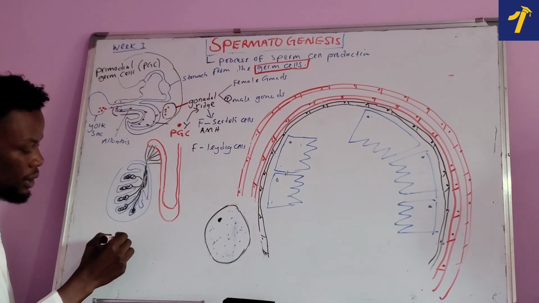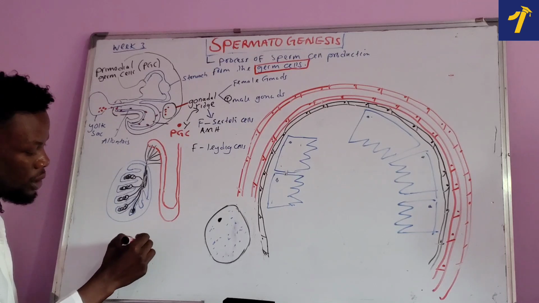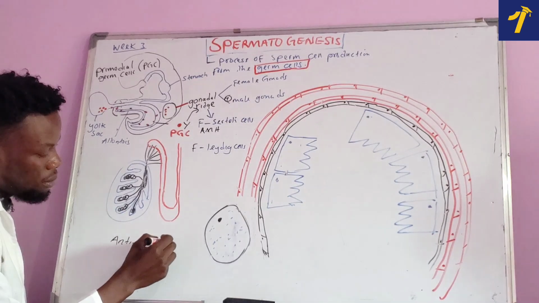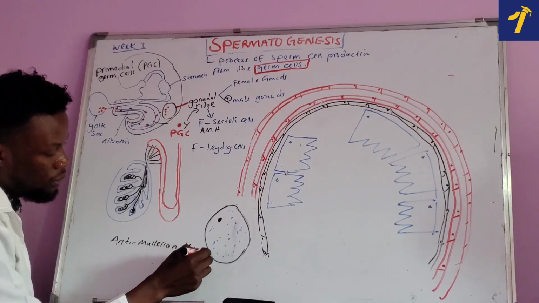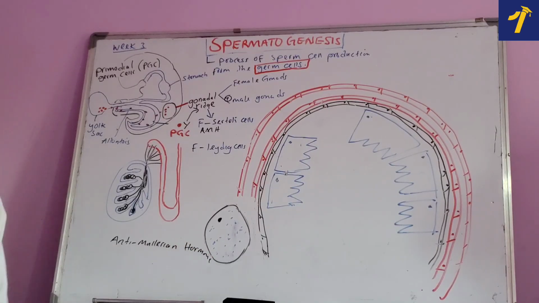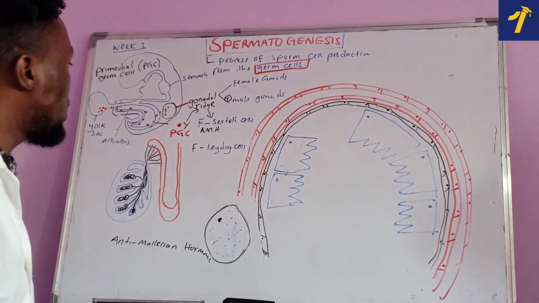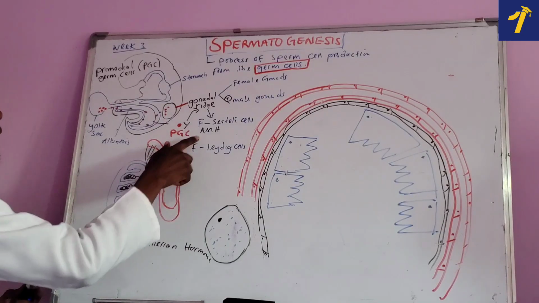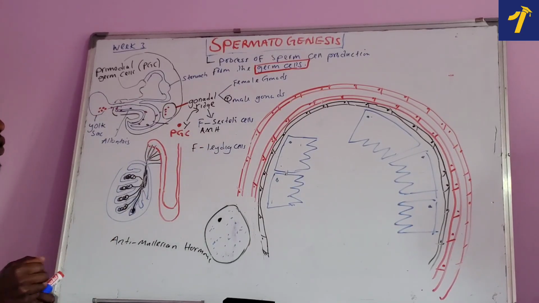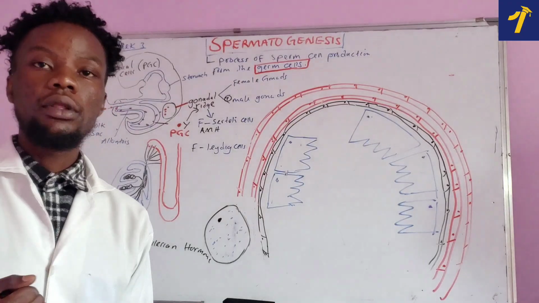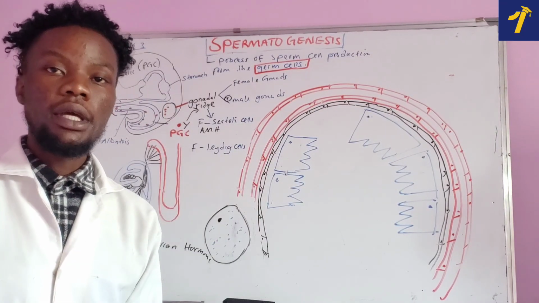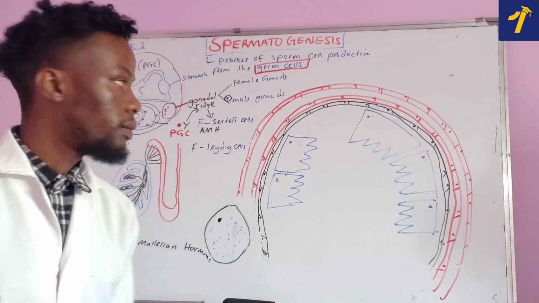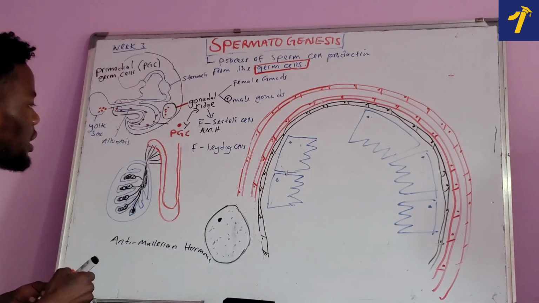Let me write it in full here. Anti-Mullerian hormone, abbreviated as AMH. They are going to promote what we call the regression of the Mullerian ducts.